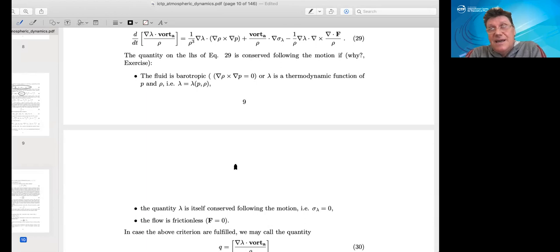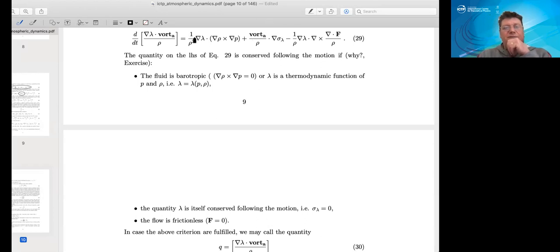And since entropy and potential temperature are related by a nonlinear transformation, so is potential temperature. So potential temperature for adiabatic reversible motion is conserved following the motion. So in that case, this second term vanishes.